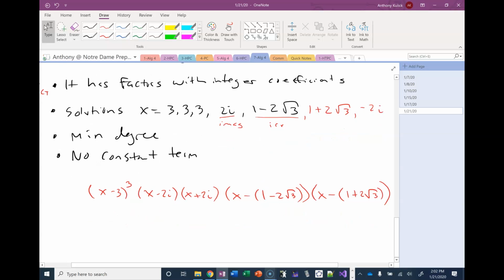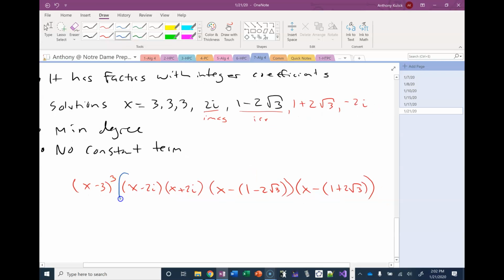Notice that I wrote the conjugate pairs next to each other, because the next thing I'm going to do is multiply them out. So in each of these cases, I need to FOIL.